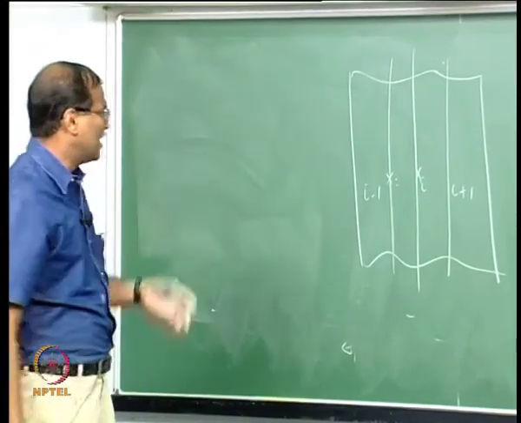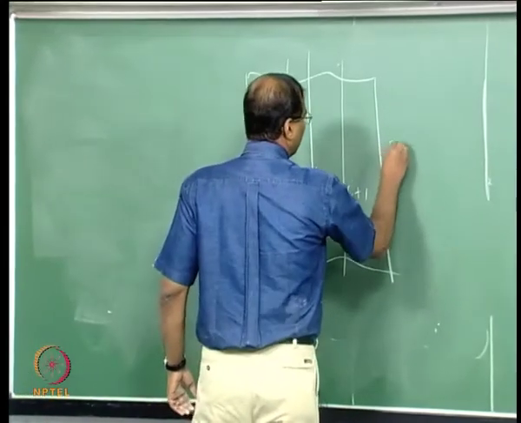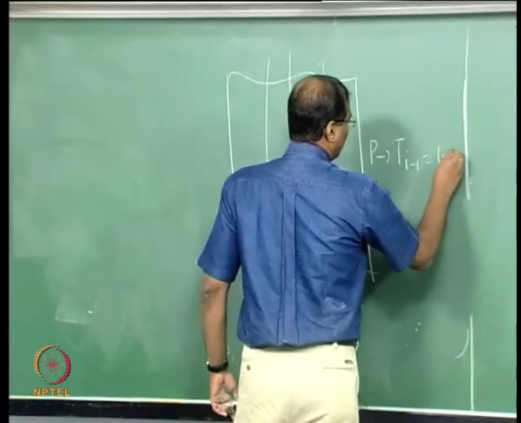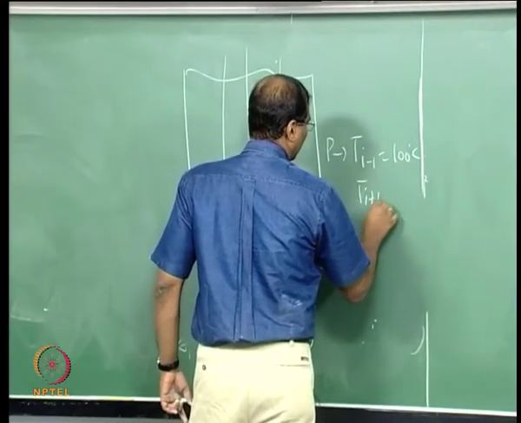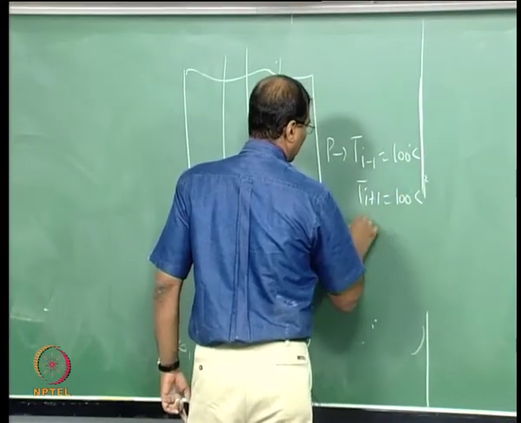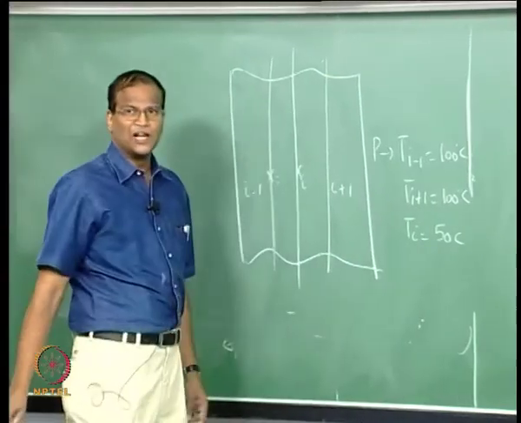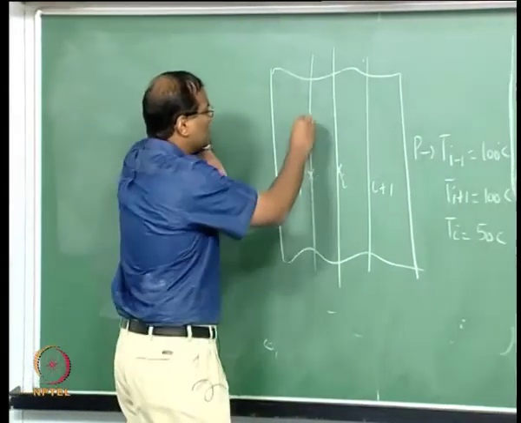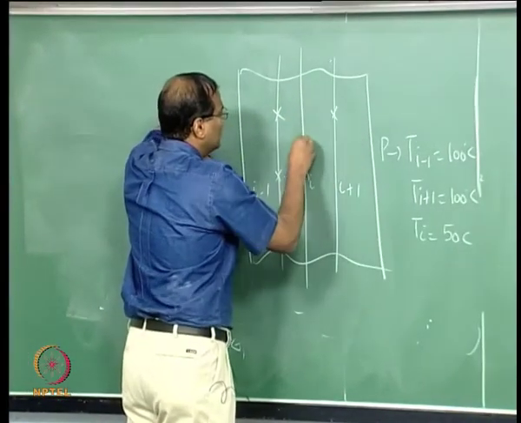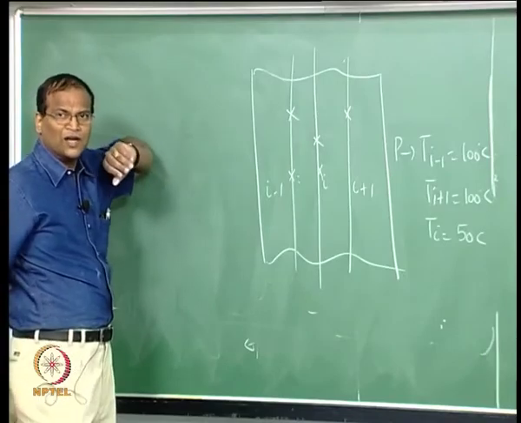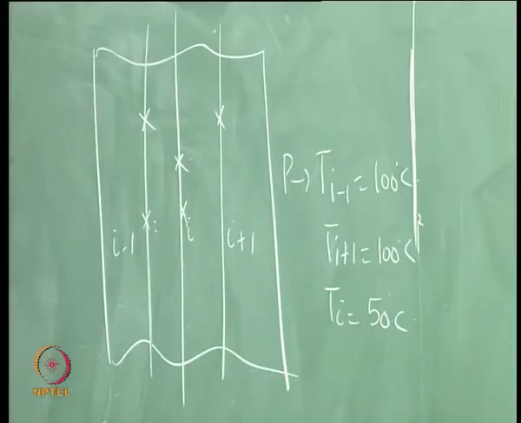We are starting at a particular time step P. Is the situation clear? That is, these two temperatures are 100, this temperature is 50. That means heat is flowing into the system.